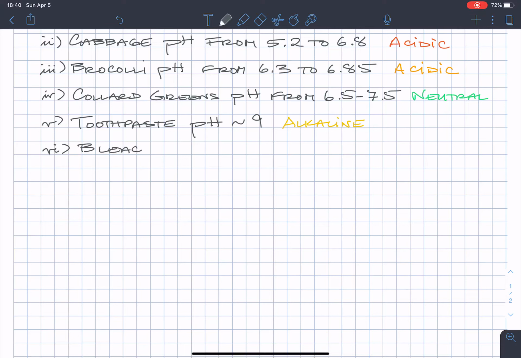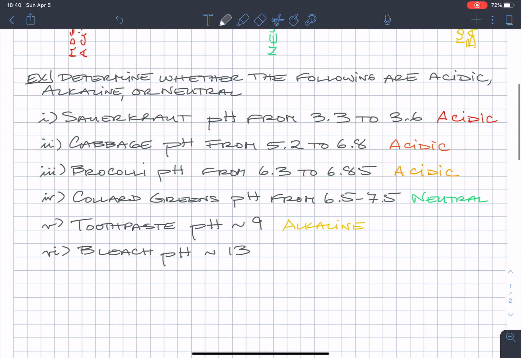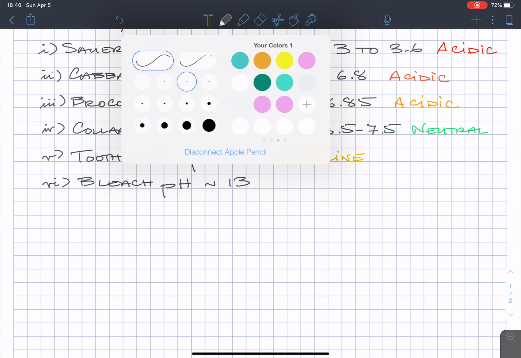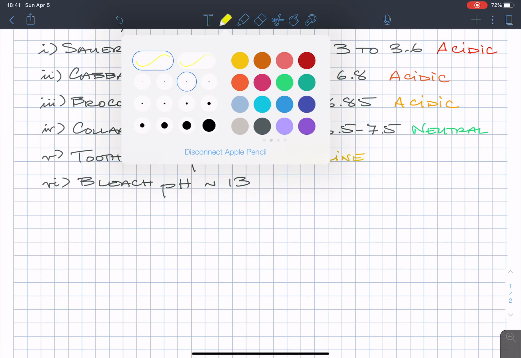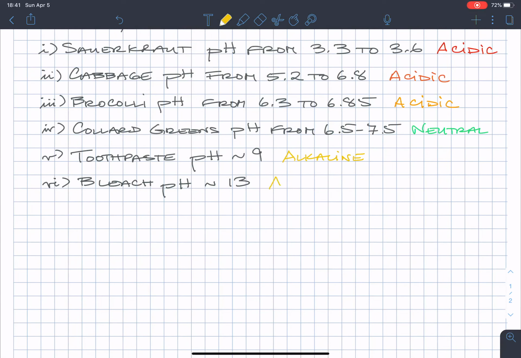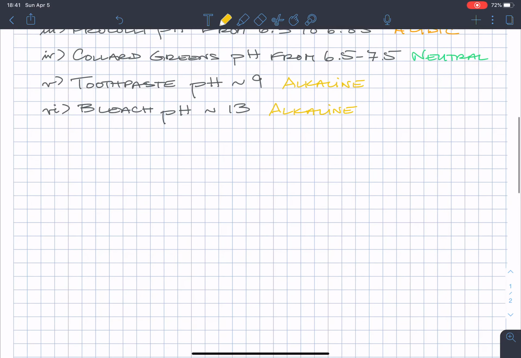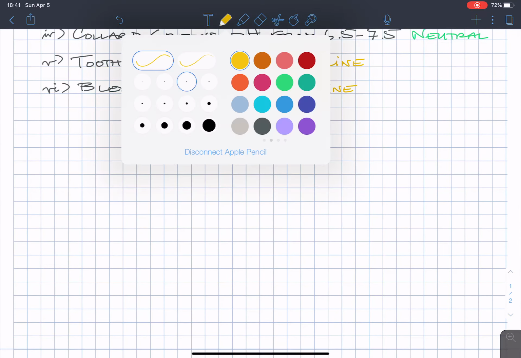So bleach has a pH of about 13. So that's exceptionally alkaline. I guess I'll just do alkaline. And by the way, pure water is neutral, just in case you didn't know that.